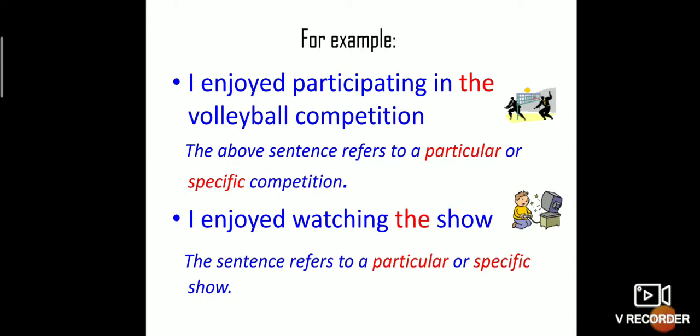There might be some particular competition which is going to take place in the school. So they are talking about that competition, so there we'll use the. Next, I enjoyed watching the show, means some particular show, isn't it? So for that particular or specific show, we'll use the.